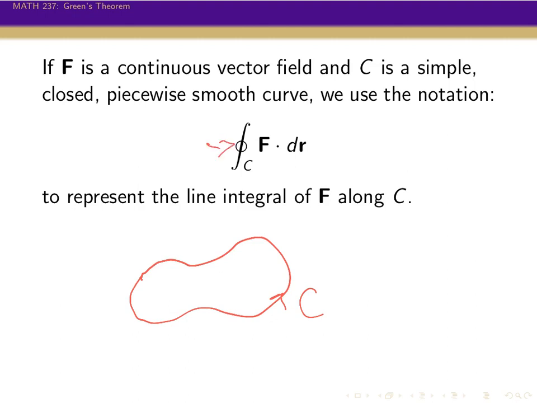That's used to denote that this is for a closed curve. This circle is reserved for closed curves, mainly so that whoever's looking at the notation recognizes that the curve you're looking at is closed.